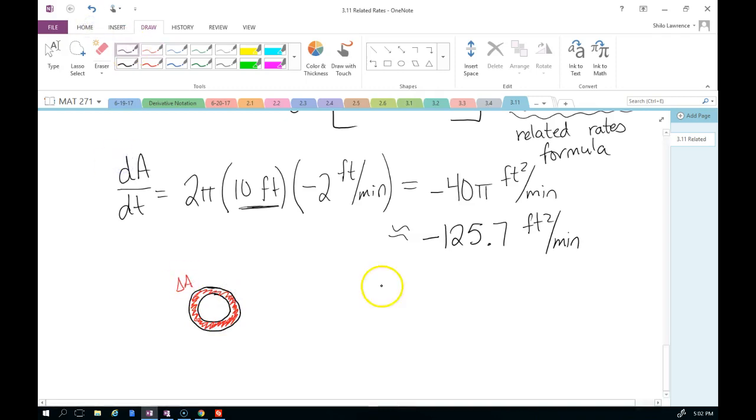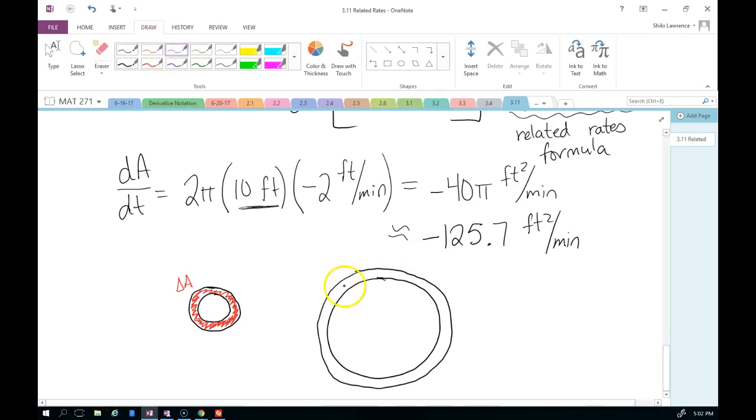If we're talking about a really big circle and we change the radius by the same exact amount, so that thickness is exactly the same, but now we're talking about this area. Now, the change in the radius is exactly the same, but the initial radius was different. Now, that blue area is a whole lot bigger than the red area.